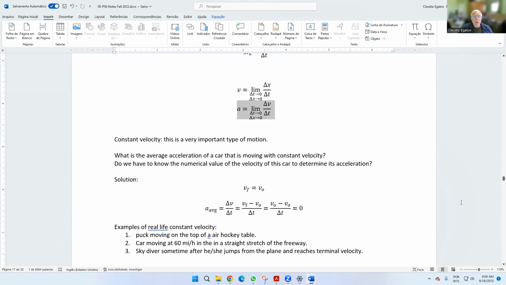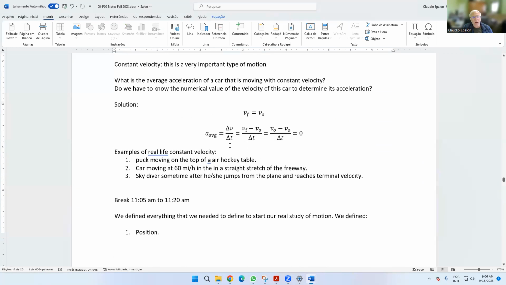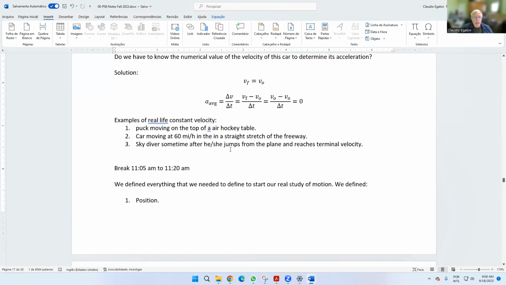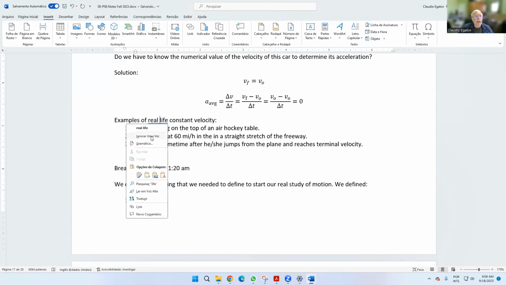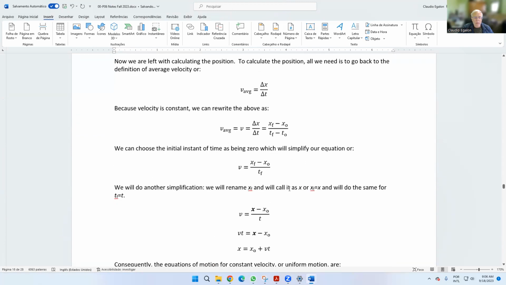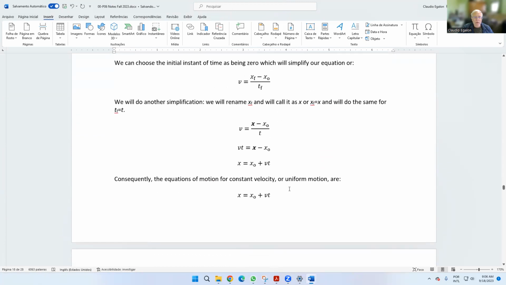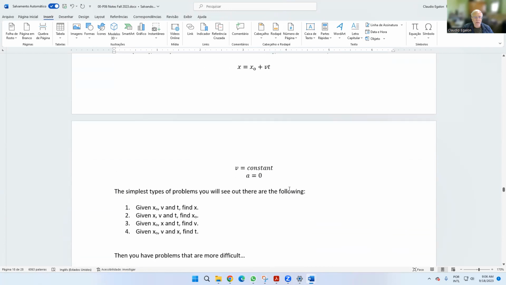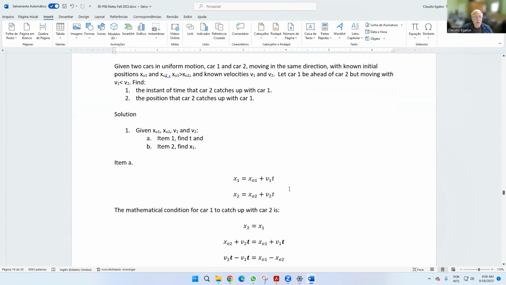So let's do that now. I defined acceleration and then got into the problem of intersection, with the hockey table and real life. Here is the equation of motion for uniform motion, for constant velocity.